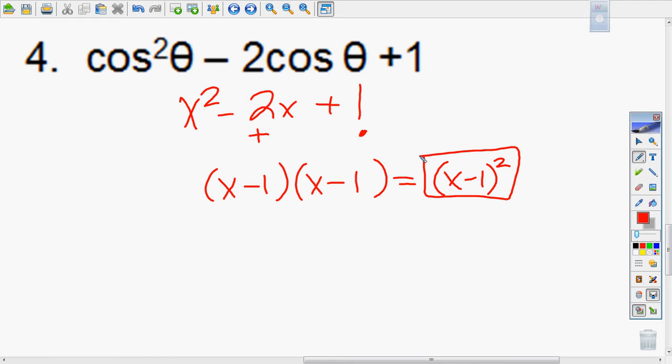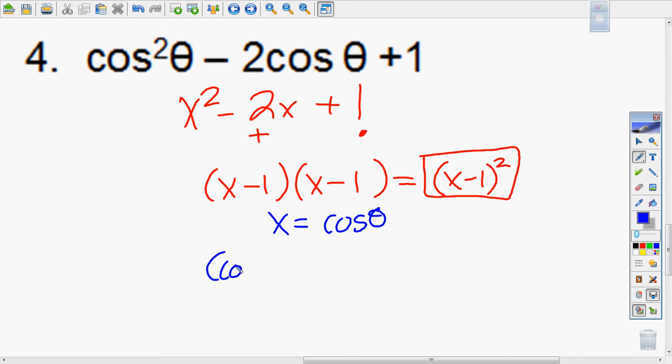Yes, this looks familiar. Same process, but instead of using x, our x equals what? Our cosine theta, right? Because that's what's there in place of x, cosine theta. So if I've already done this process, I can just plug in cosine for x.